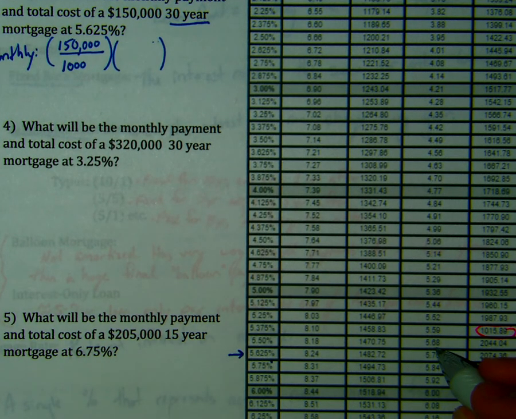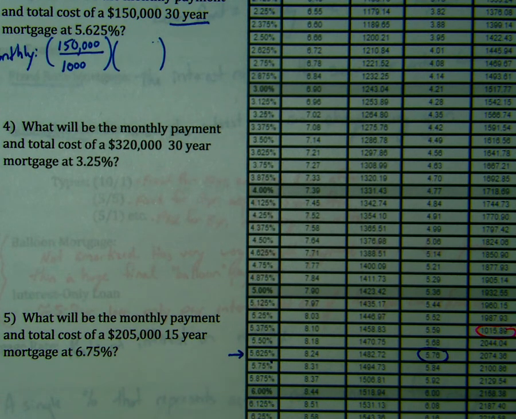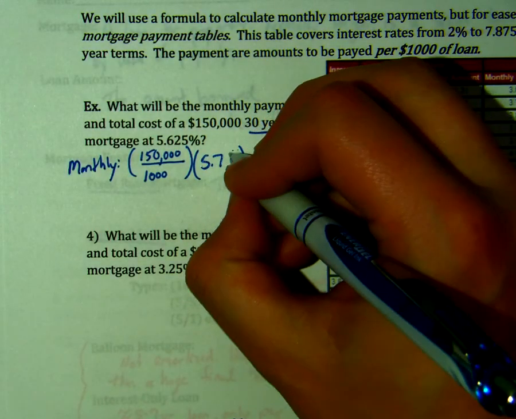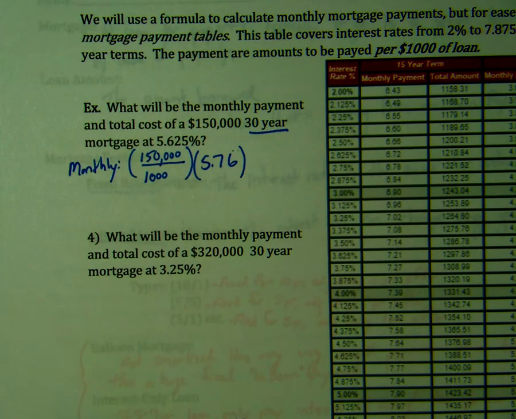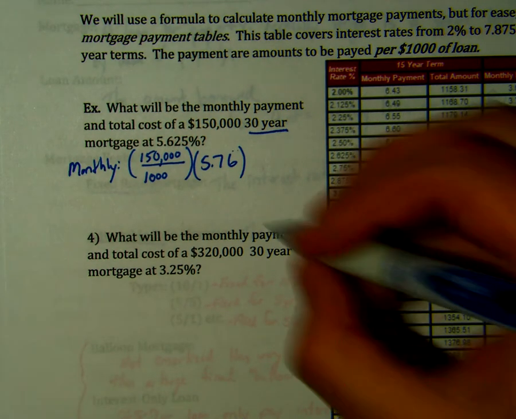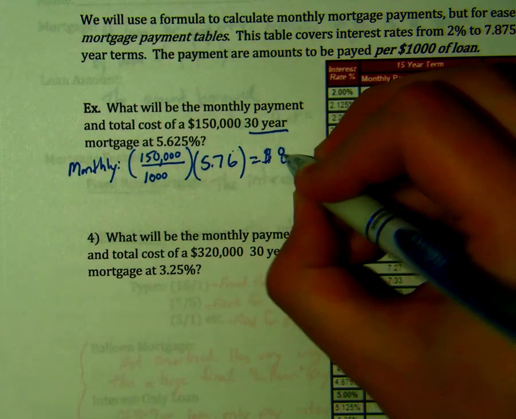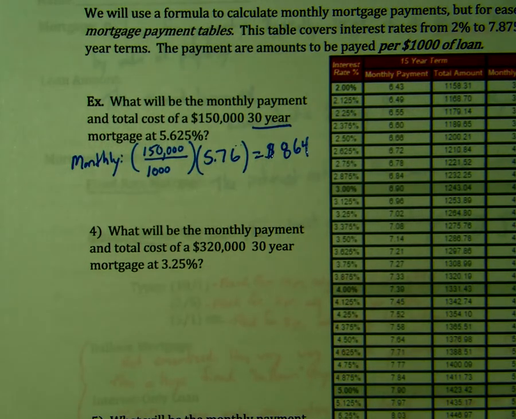And then over here, we have 5.76. Okay. So that's the monthly payment for the 30-year loan. So that's what I want to use in here. All right. And when you multiply these things out, you get $864. So that is the monthly mortgage for this $150,000 home.